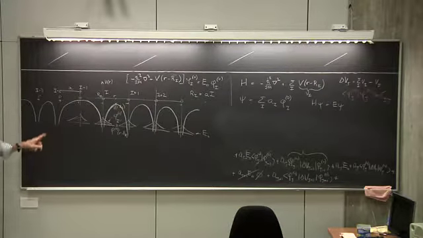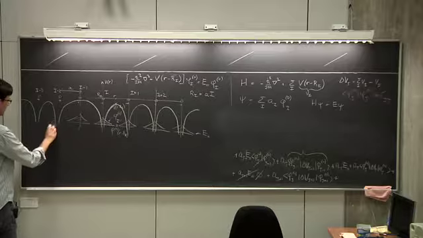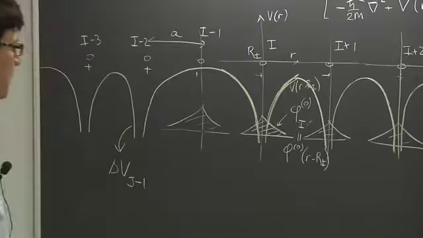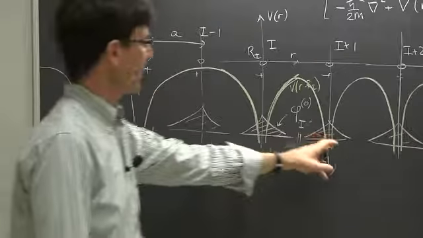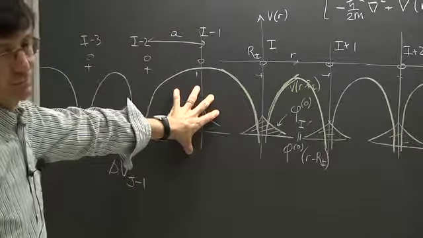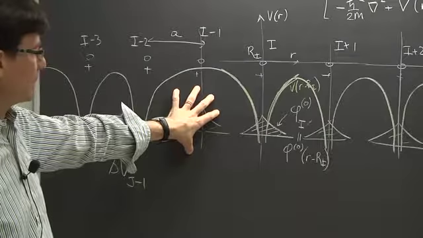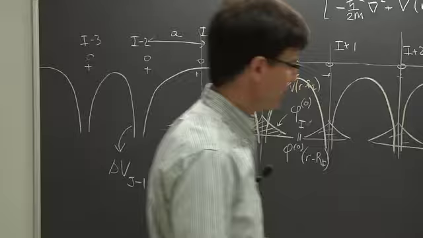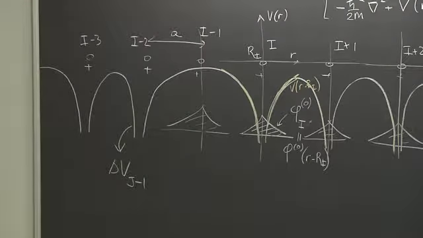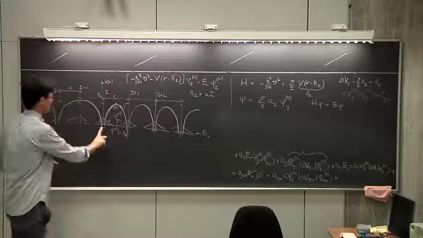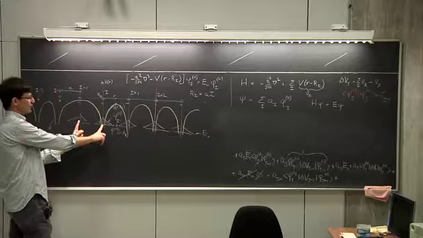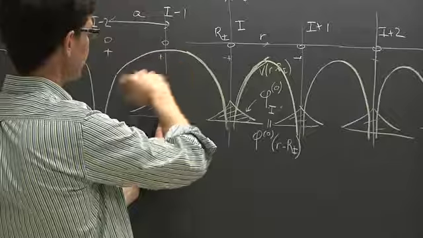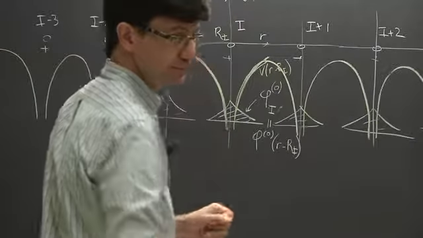Okay? So this is delta V j minus 1. It's the sum of all the Coulomb potentials minus this one. I've removed this one. So, once again, wave function at j, or i, times wave function here at j or i, times this green line.